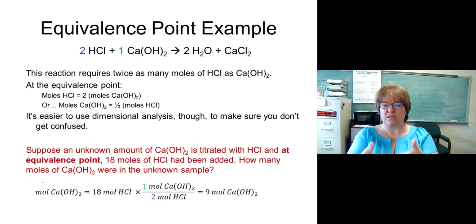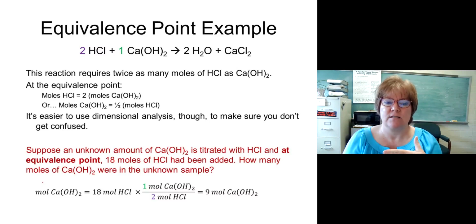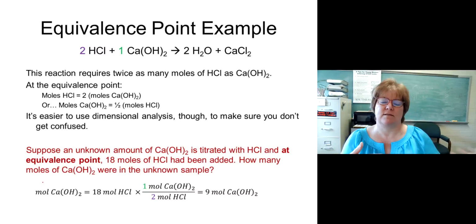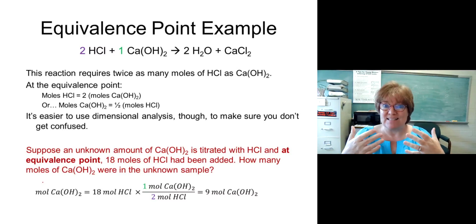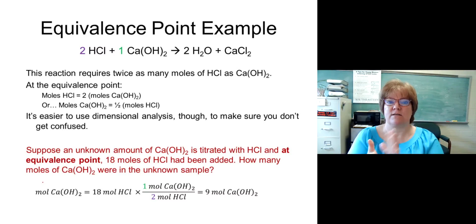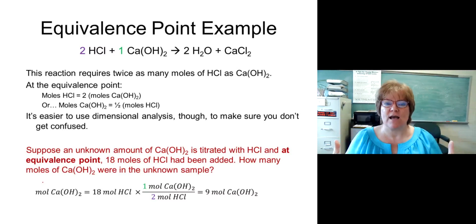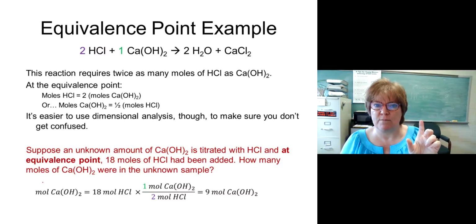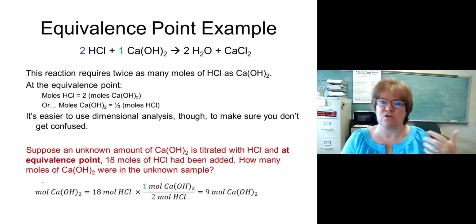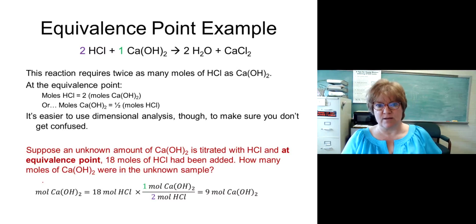Again, in this particular case, HCl is the acid, with a coefficient of 2, and Ca(OH)2 is the base, with a coefficient of 1. At this equivalence point, I would have twice as many moles of HCl as I do of Ca(OH)2. You can try to figure it out, but it only takes one swap in your head where you switch the coefficients and you end up doubling when you really should have taken half. So it's easier to use dimensional analysis.